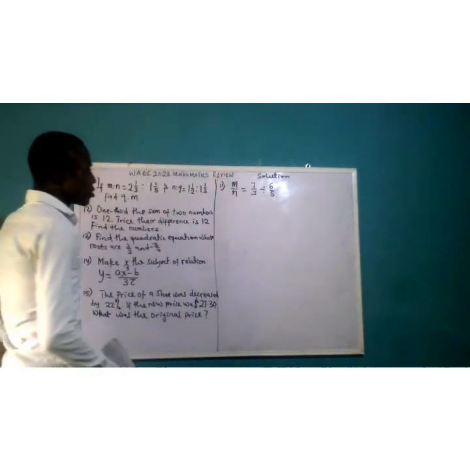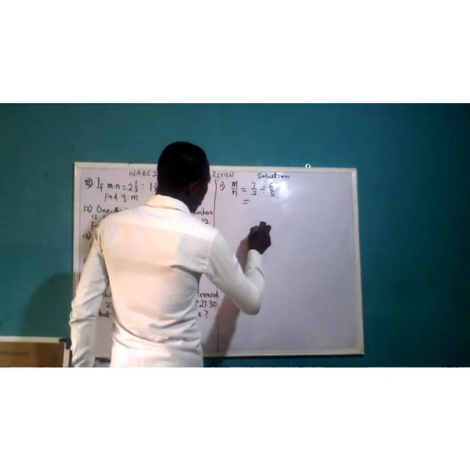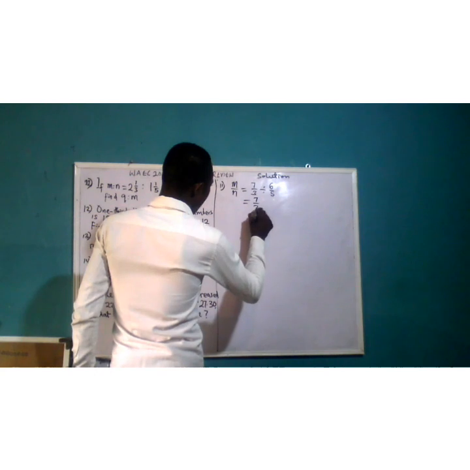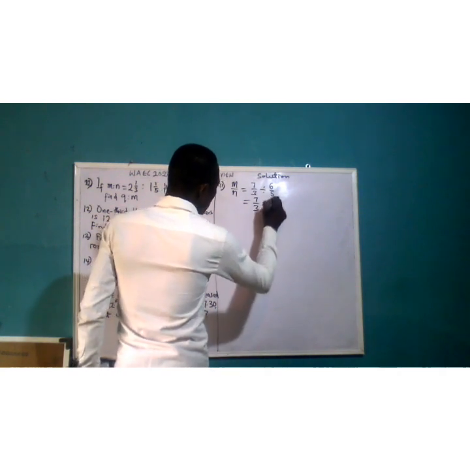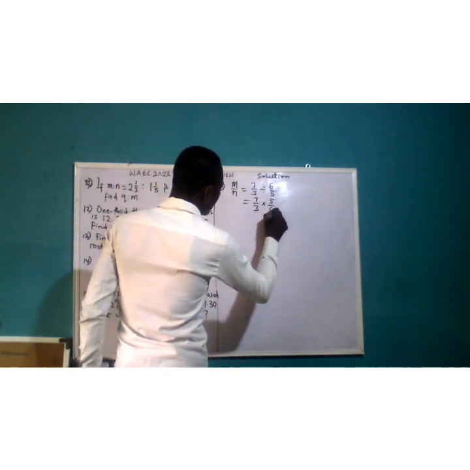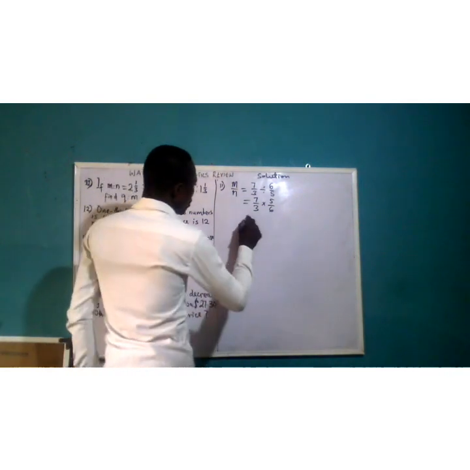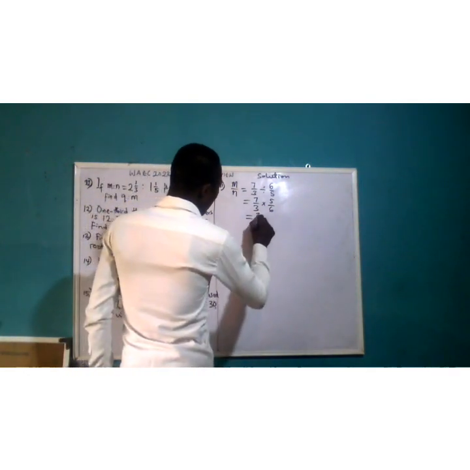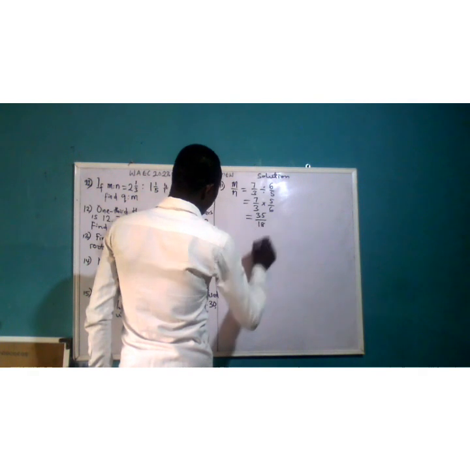So this is equal to 7 over 3 times the inverse of this, that's 5 over 6, and this will give you 35 over 18.